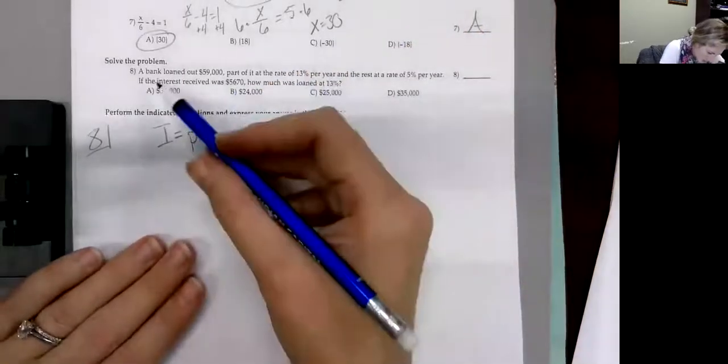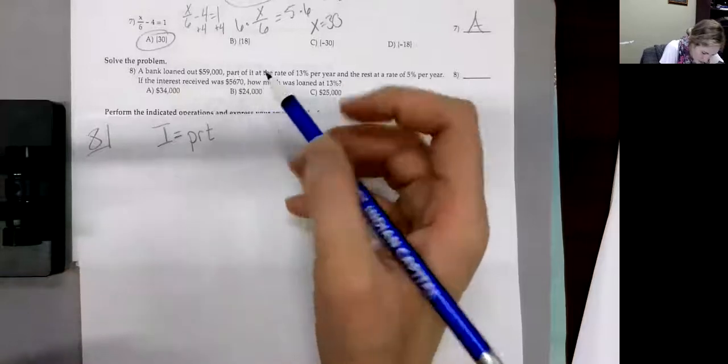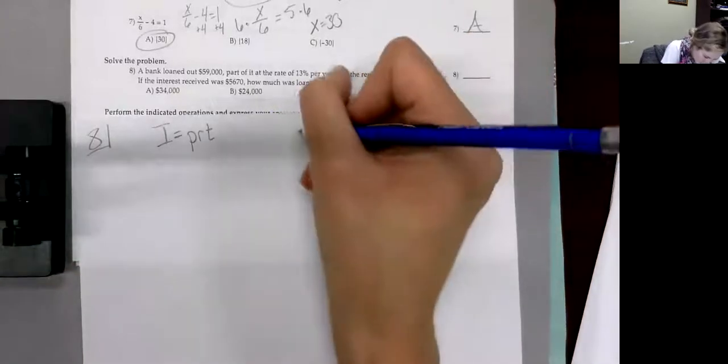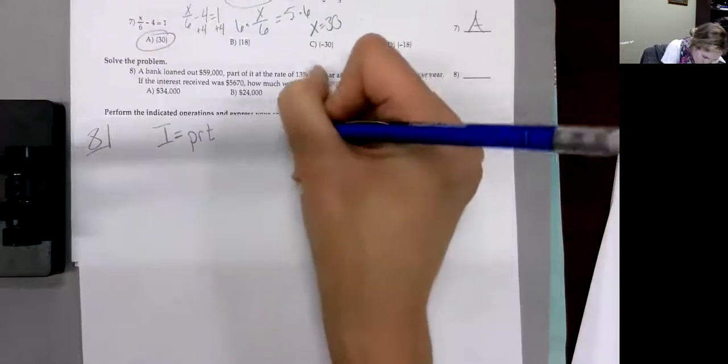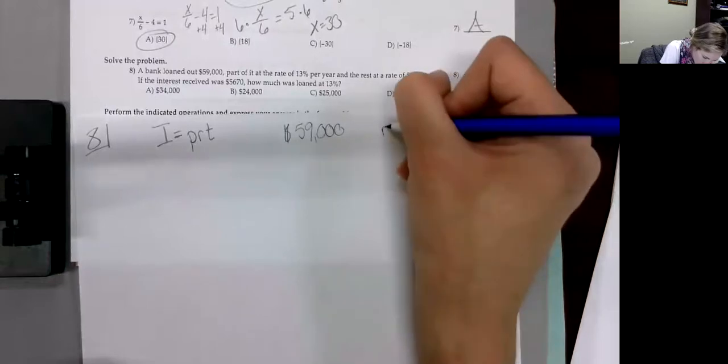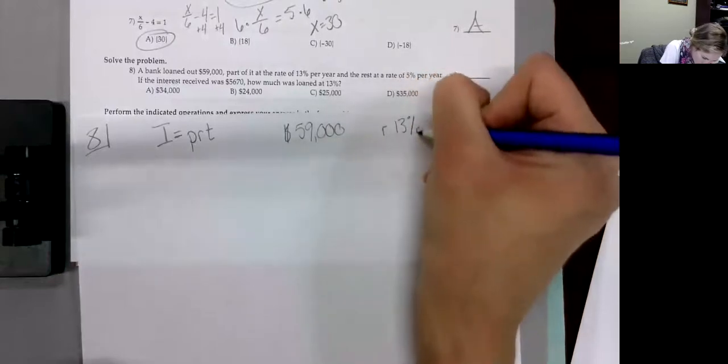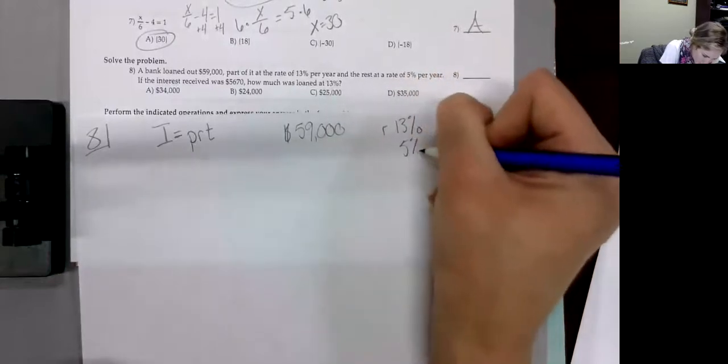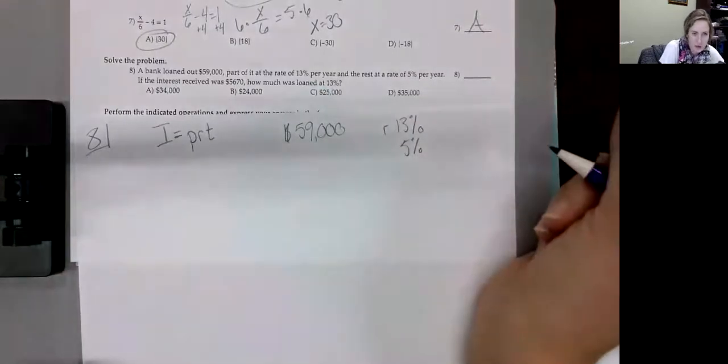So when I do this on all of these, a bank loaned out $59,000. So I have $59,000, part of it at a rate of 13% and the rest at a rate of 5% per year.